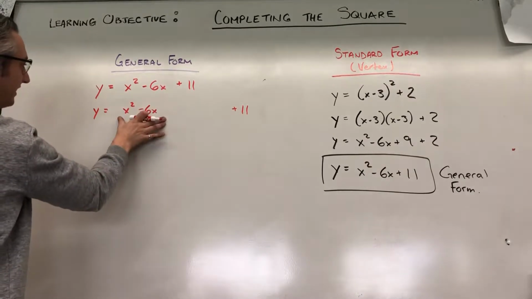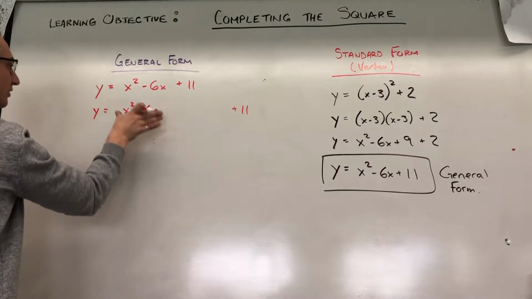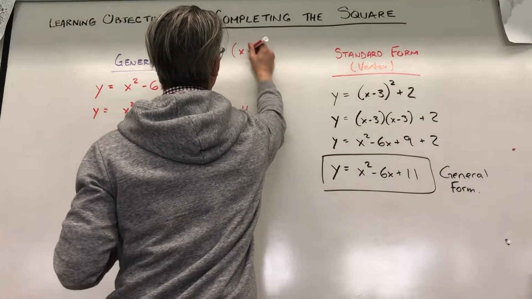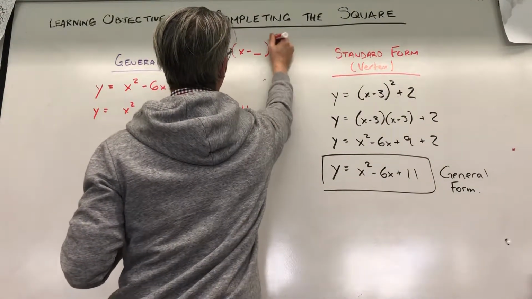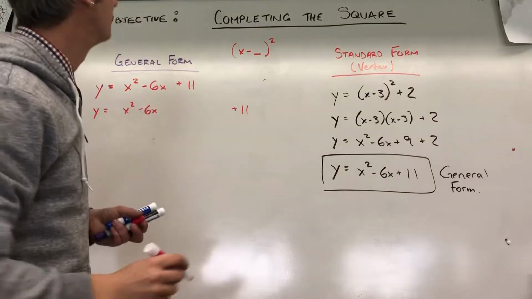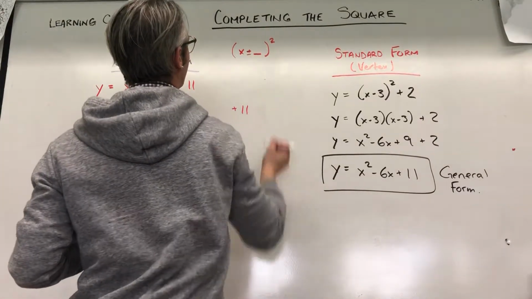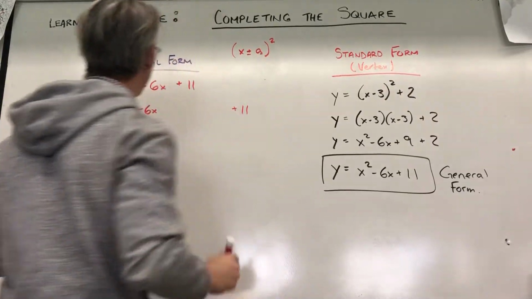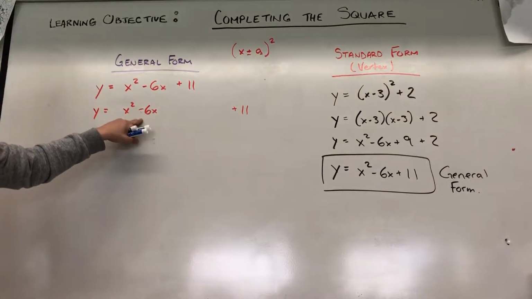Now I look at this and I say, if this was a perfect square polynomial, a polynomial in the form of x plus or minus some number a, squared, how would I be able to put this in that form?